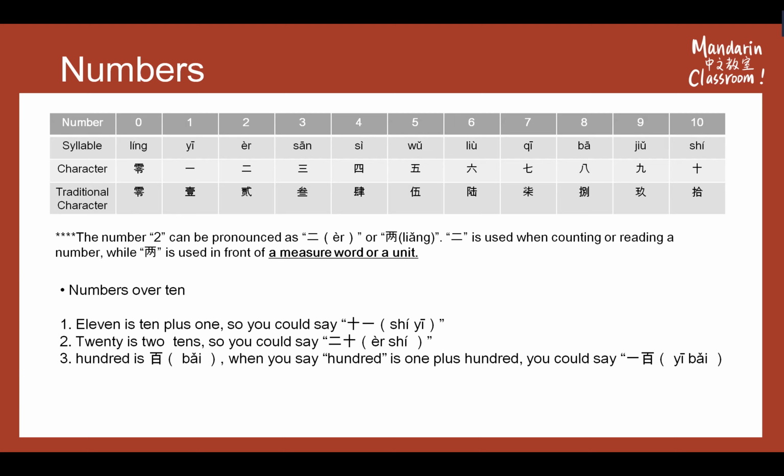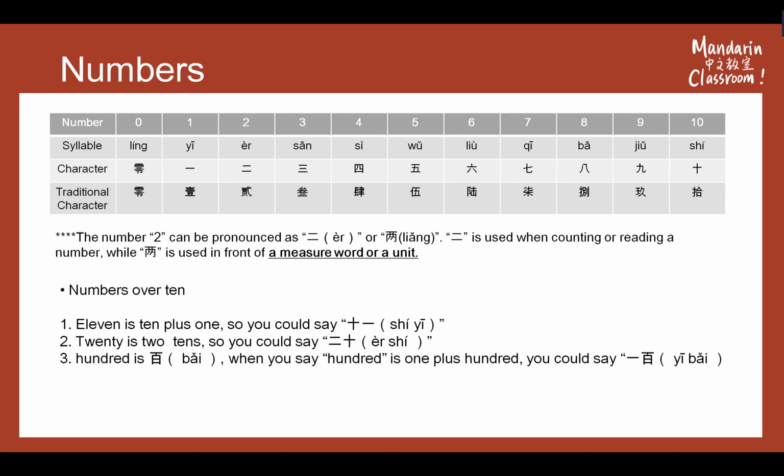So what does it mean? For example, in a receipt, if you write the amount of money with Arabic numbers or the simplified characters, you could see these two types. It's easy to change, right?